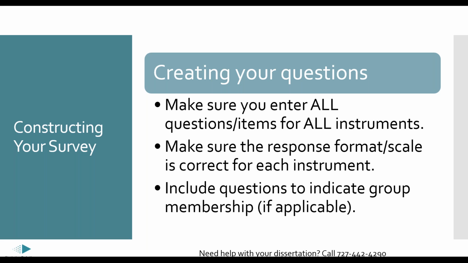Because otherwise you might get to the end of your data collection and you realize that you have all these responses, but you don't know which responses are the principals and which responses are the teachers. So you definitely want to make sure that there is some way for participants to indicate which group they are in if you have that kind of variable in your study.